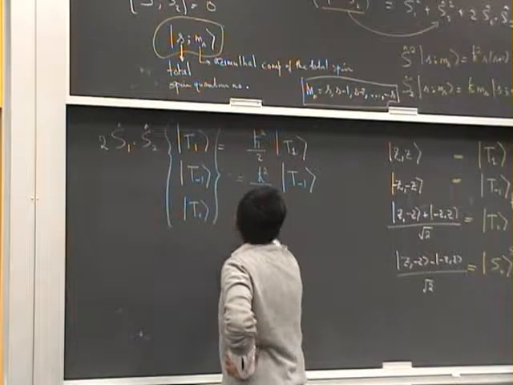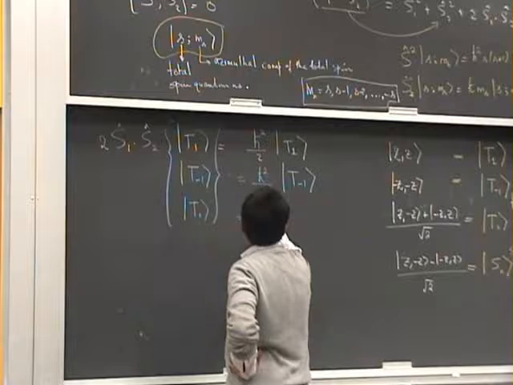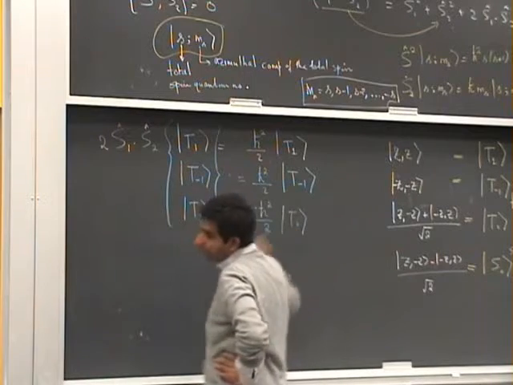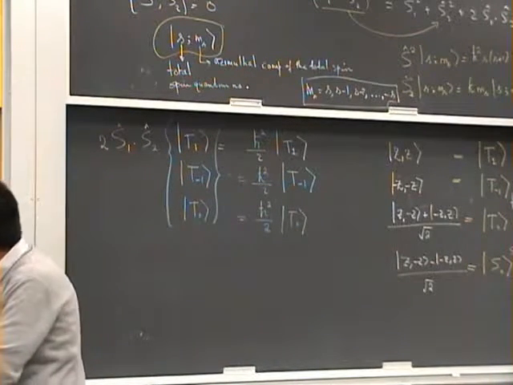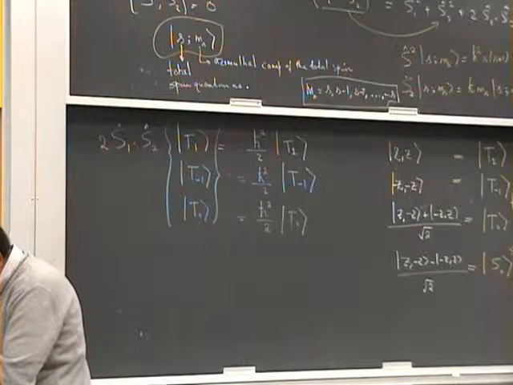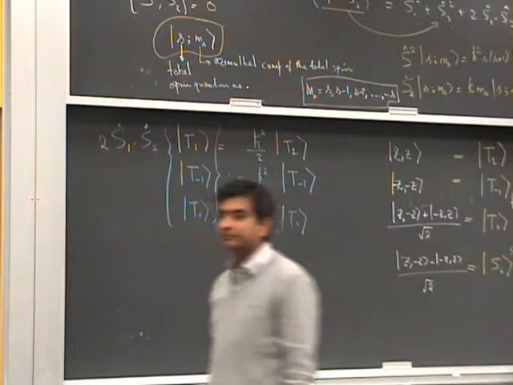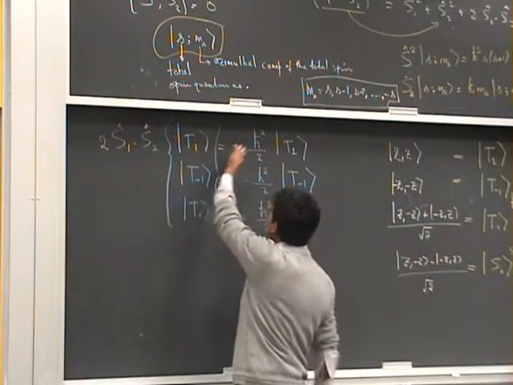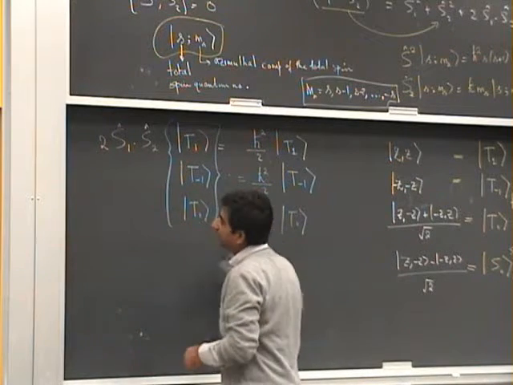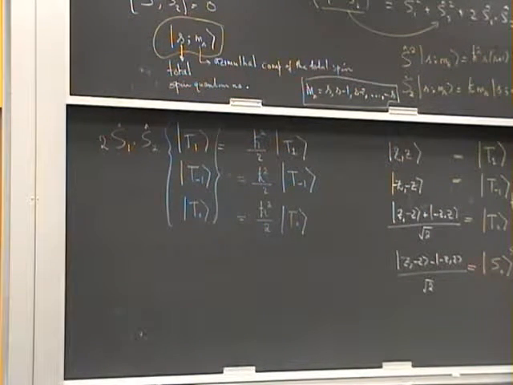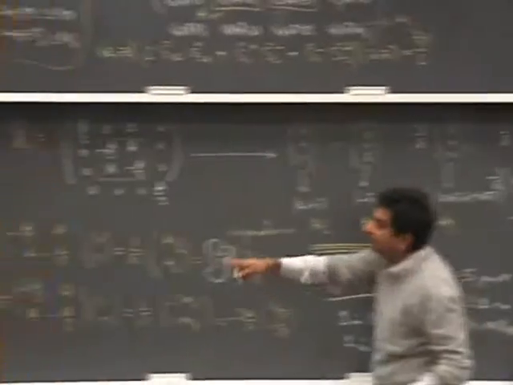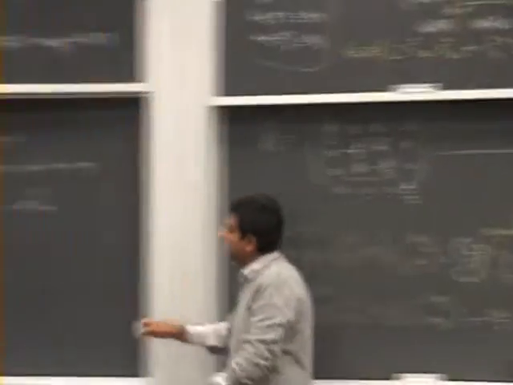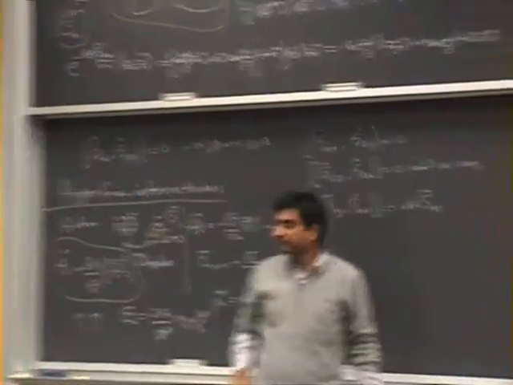I will get h bar square over 2 times T naught. Correct? We know that these are eigenstates of S1 dotted with S2 with the proper eigenvalues. We've already found out those eigenvalues. These eigenvalues are a by 2, but these are for the Hamiltonian. We multiply by the corresponding multiplying factor to get rid of these terms, 2a over h bar square. Okay?